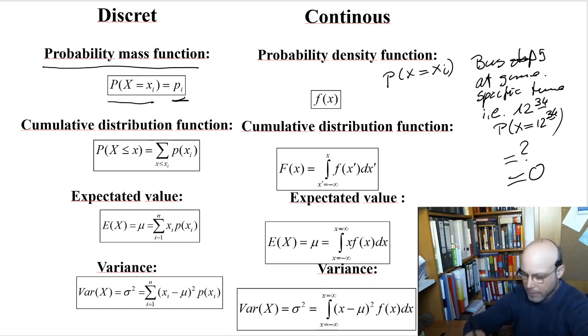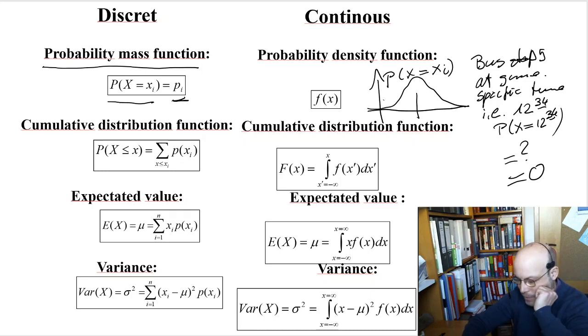And therefore, we introduce the probability density function. Again, let's say here this normal distribution, which looks like this, but you cannot interpret this point here on the vertical axis as the probability of this event.